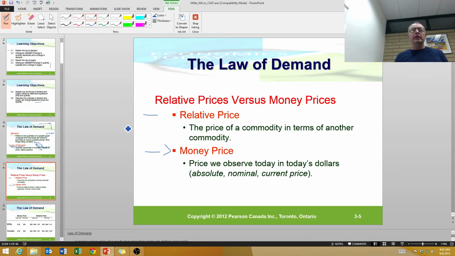And then we also make use of the concept of relative prices. When prices change over a particular period of time, the money price can change for two different products by different percentages. Over a 1 year period, the price of gas goes from $1 a liter up to $1.20 a liter, and the price of cornflakes goes from $1 a box up to $1.50 a box.